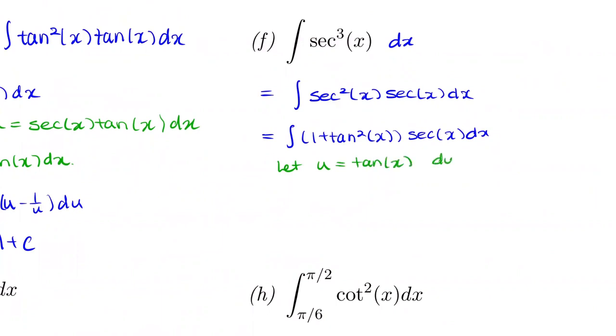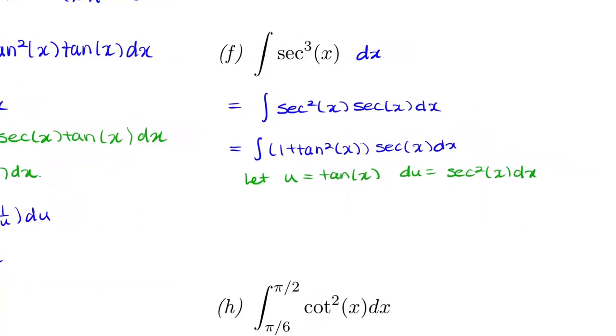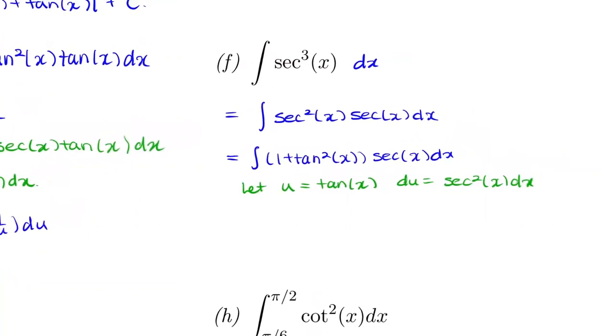So that means du is secant squared of x dx. But we have a problem. We have a secant squared of x dx, but we want a secant of x here.